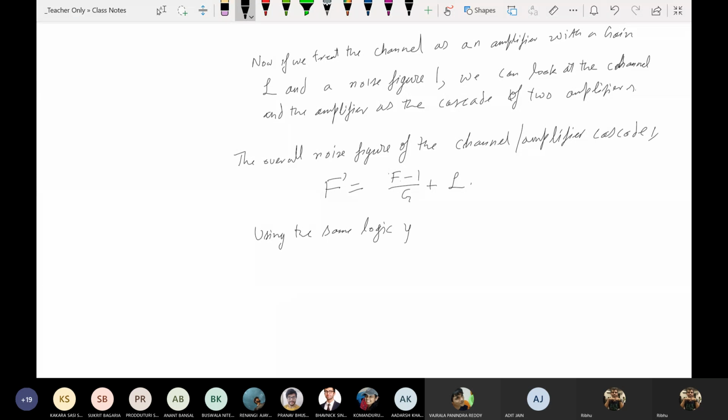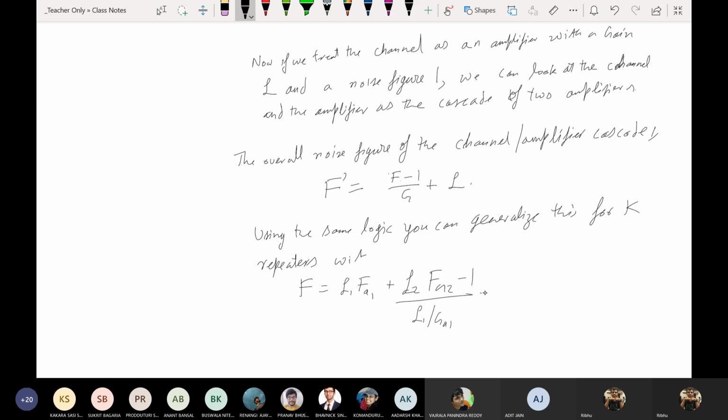Same logic. You can generalize this for k repeaters with f equals L1 FA1 plus L2 A2 minus 1 divided by L1 by GA1 plus, and so on.